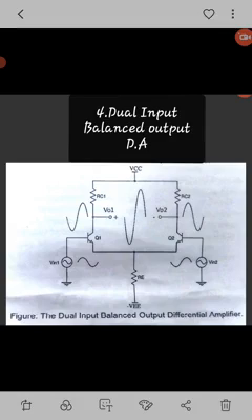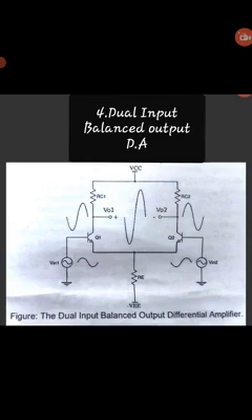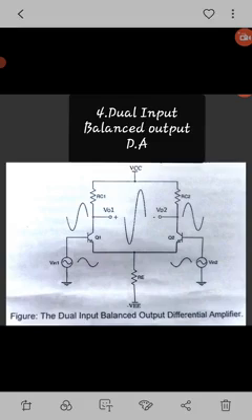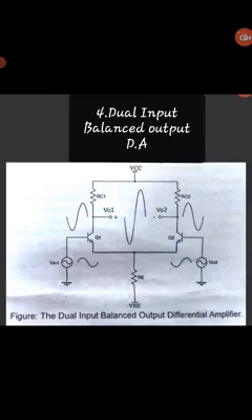While V in 2 is called the inverting input, as the output voltage V out is 180 degrees out of phase with the applied input V in 2.